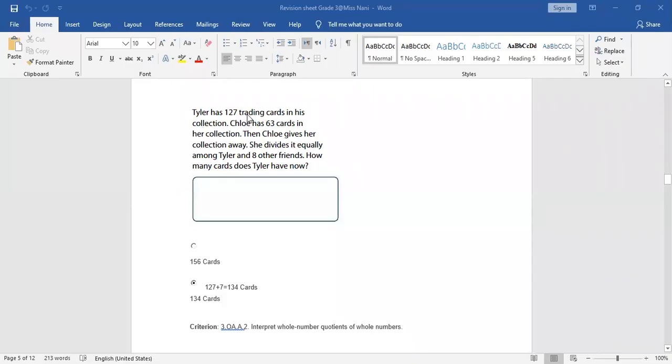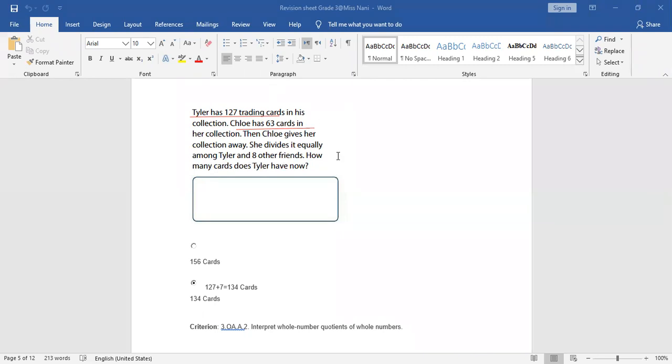Taylor has 127 trading cards in his collection. Chloe has 63 cards in her collection. Then Chloe gives her collection away. So Taylor has 127. Chloe gave her collection away. She divides it equally among Taylor and 8 other friends.